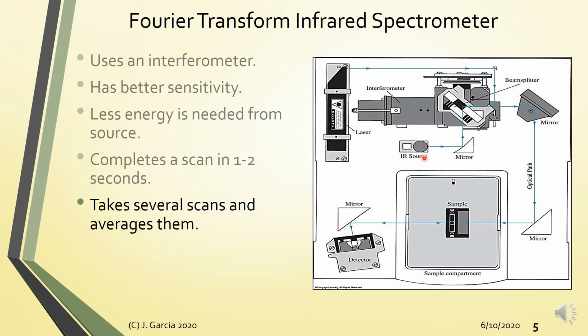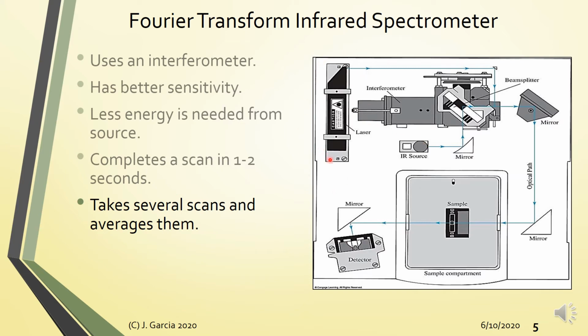Now, one problem in FTIR is that since you have no monochromator, there is no way for you to discriminate between the wave number or wavelength values coming from the IR source. So, to circumvent that problem, FTIR instruments are also equipped with a laser.